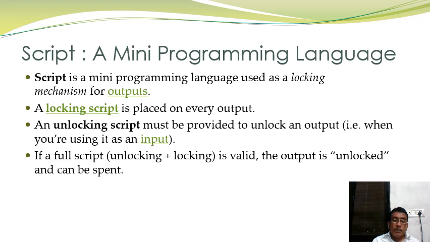Whatever outputs are received from the previous transaction can be spent by the inputs. Outputs from previous transactions will be inputs for the current transaction, and on this input some operations are done, and then they will produce another output for the next transaction.